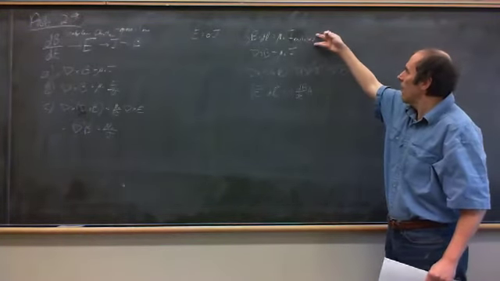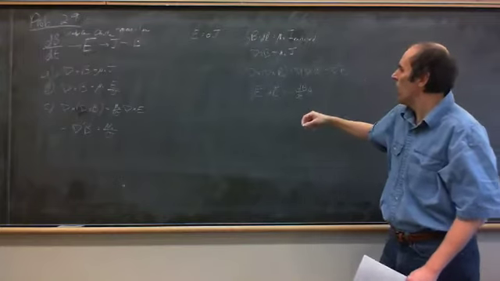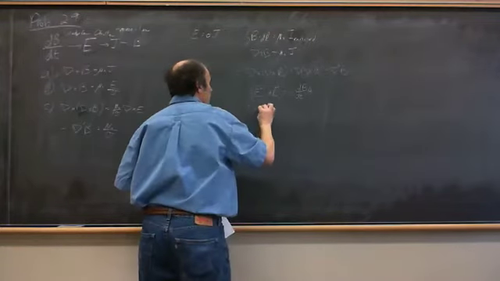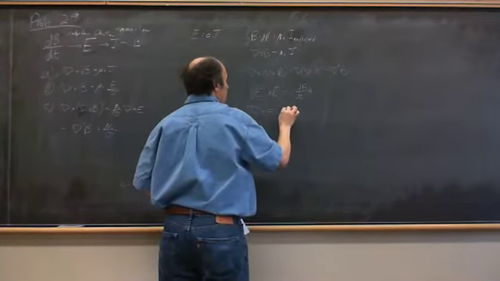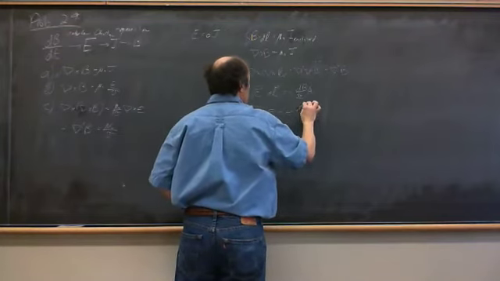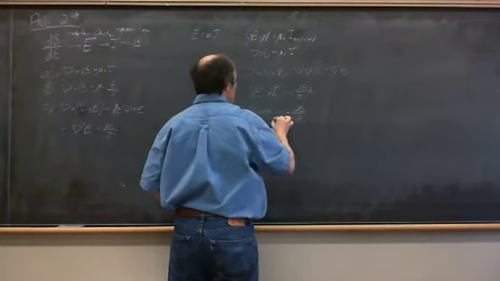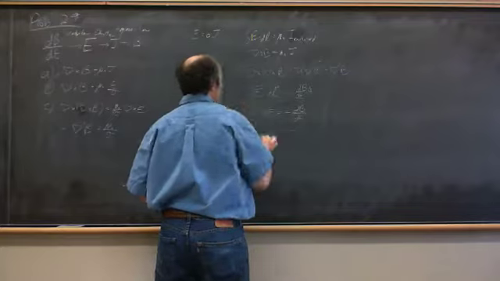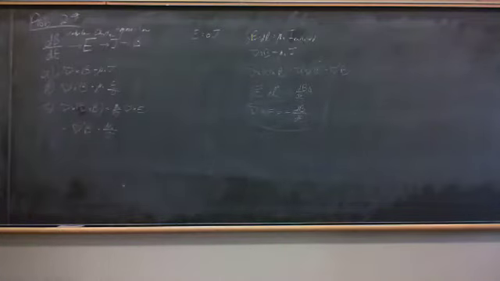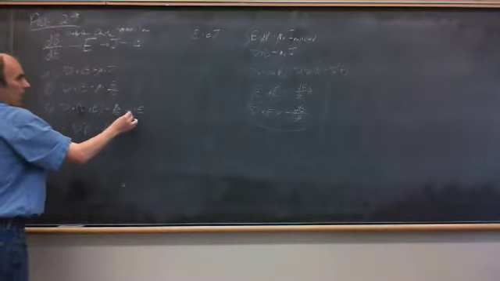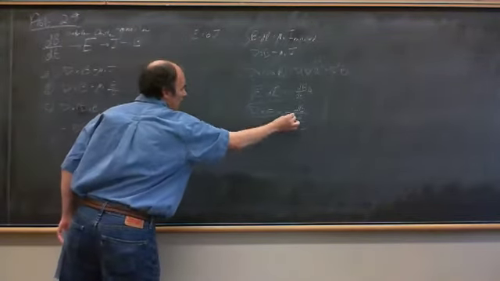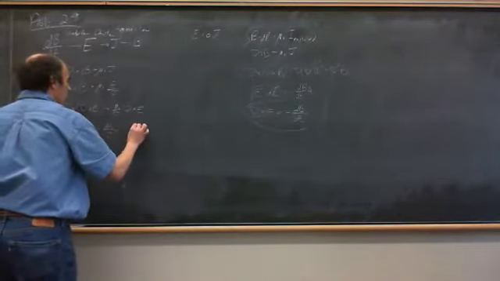Looks a lot like Ampere's law in integral form. The differential form is curl of E is minus dB/dt. This is Faraday's law in differential form. So what you do is you plug that in here. Curl of E, you use minus dB/dt.